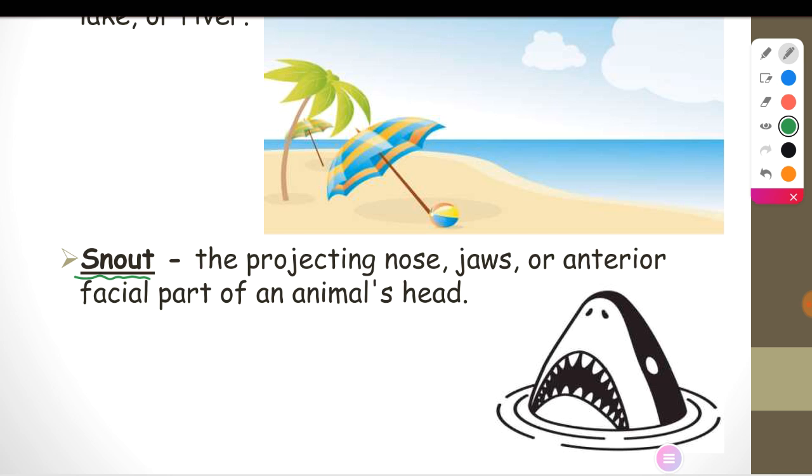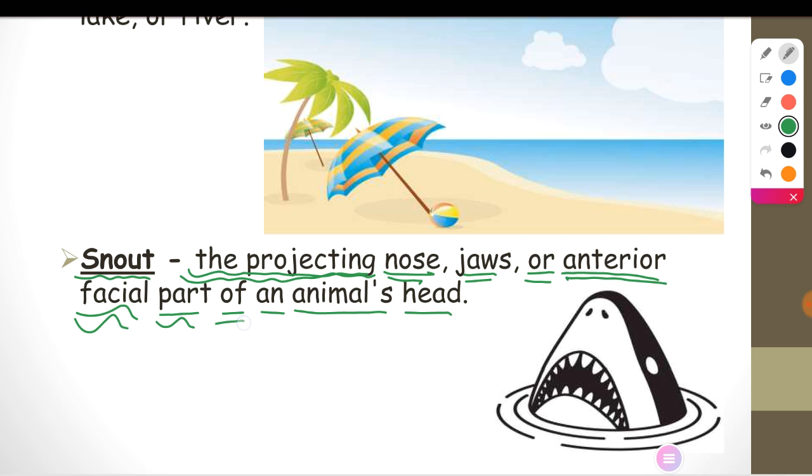A snout is the projecting nose, jaws, or anterior facial part of an animal's head. Again, a snout is the projecting nose, jaws, or anterior facial part of an animal's head.